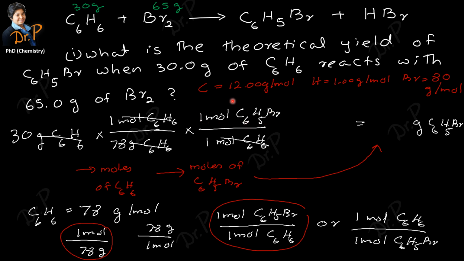Next, I need to convert moles of bromobenzene to grams. To do that, you need the molar mass of bromobenzene. Molar mass of bromobenzene is 157 grams per mole.